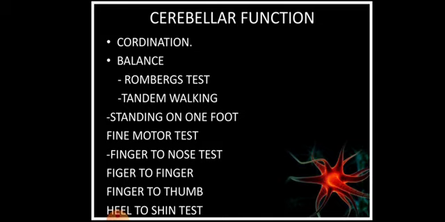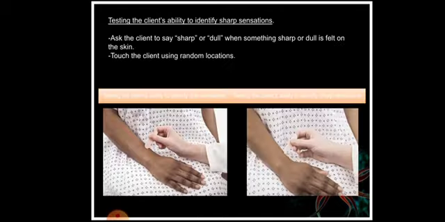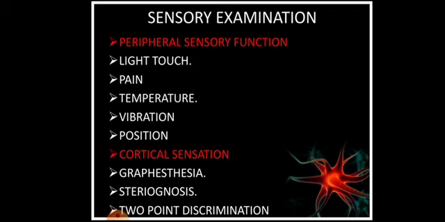Along with that there is also the 2-point discrimination. For 2-point discrimination, the articles needed are 2 cotton sticks, and with that you can place them on different areas and ask the patient how many areas you touch.